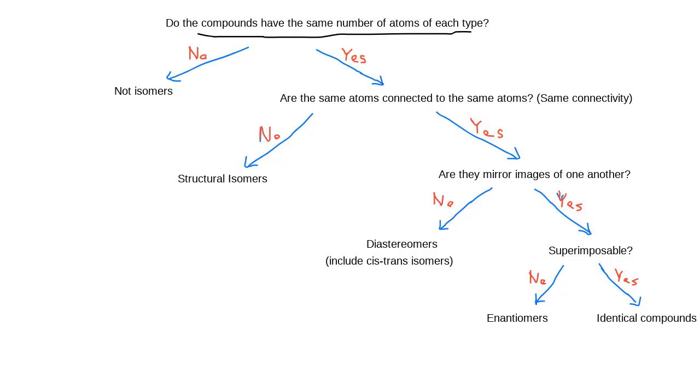And enantiomers are sometimes also called optical isomers because they rotate a plane of polarized light. I don't know if this helps at all, but I think it potentially can. This is how you distinguish between structural isomers, diastereomers, and enantiomers.